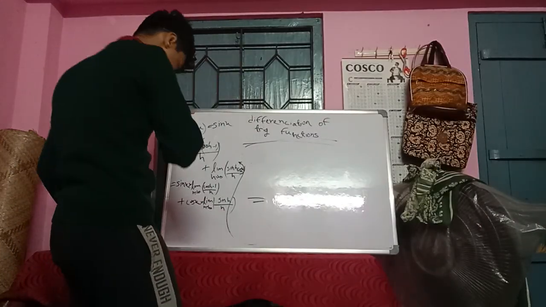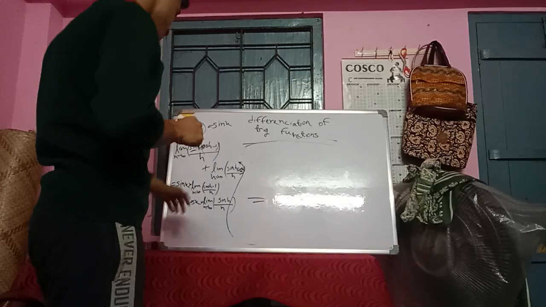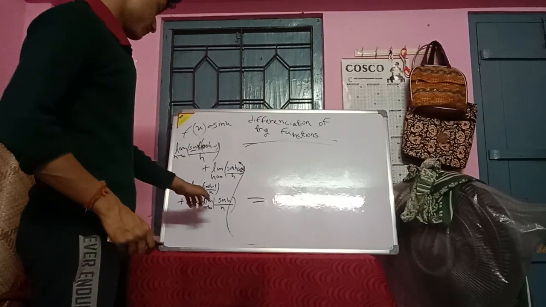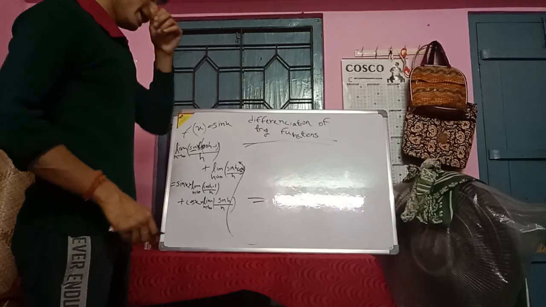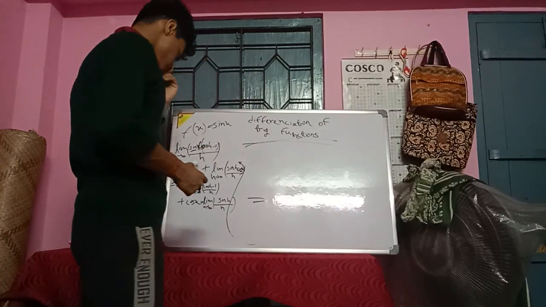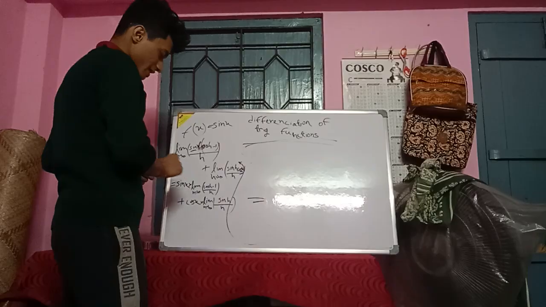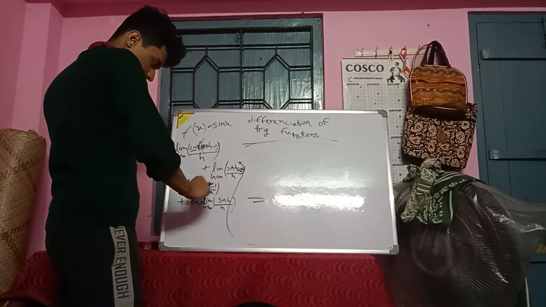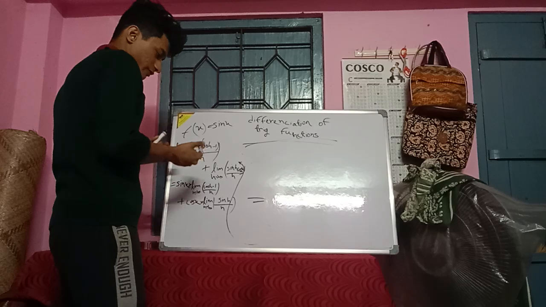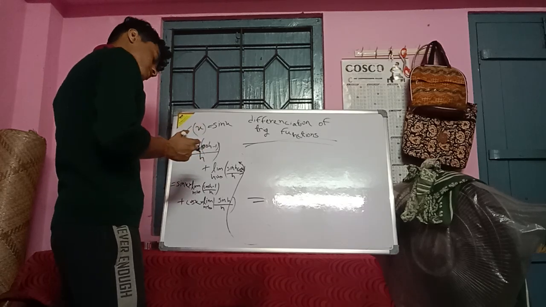Now, look at this carefully. You know that the value of h is very small, like 10 to the power minus 20 or minus 30, something like that. So what happens when the value of h gets really close to 0?